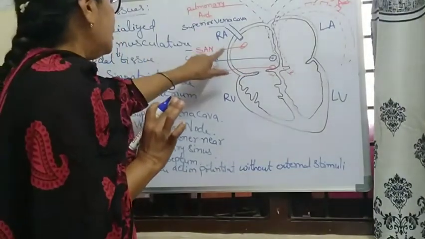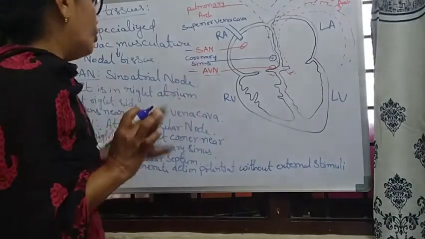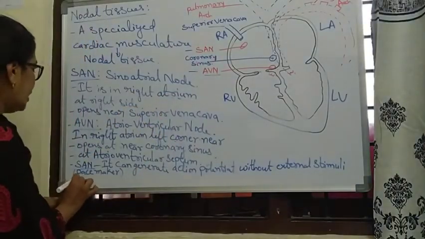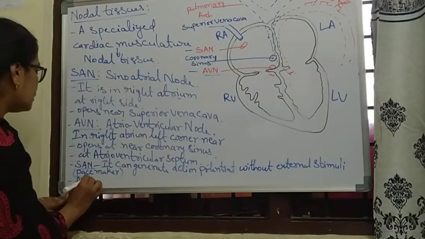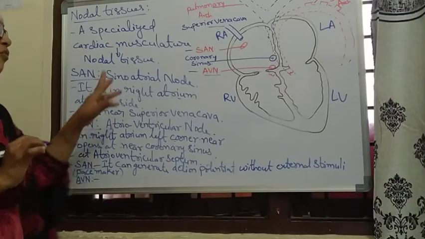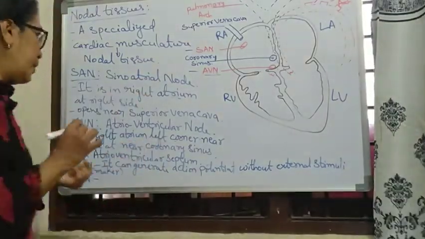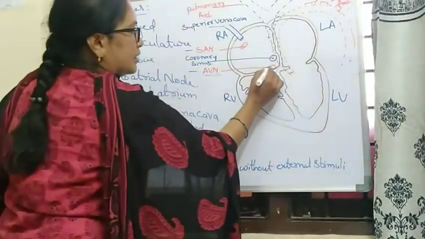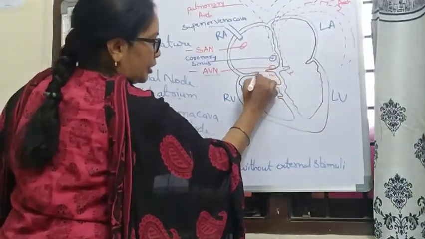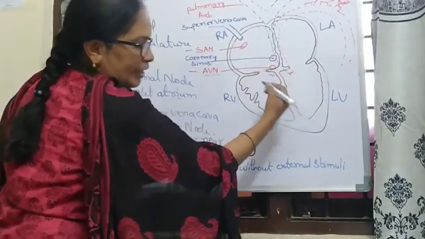Okay, here the AVN node. What is the function of the AVN node? It functions as a relay. Means here they send the action potential to the ventricles.